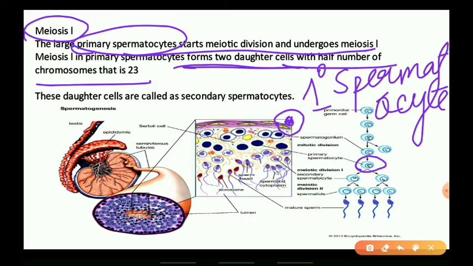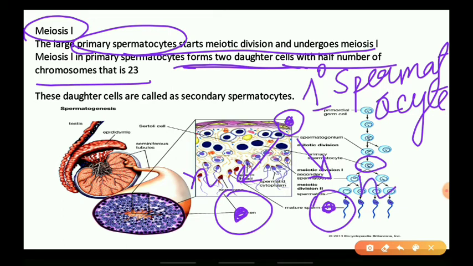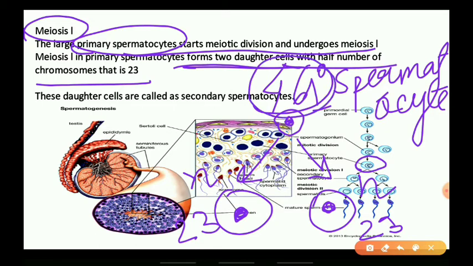So in meiosis 1, when a cell divides, it forms two daughter cells, and these two daughter cells have half the number of chromosomes. These are haploid cells, and they will have 23 and 23 chromosomes, though the parent cell, the primary spermatocyte, had 46 chromosomes.